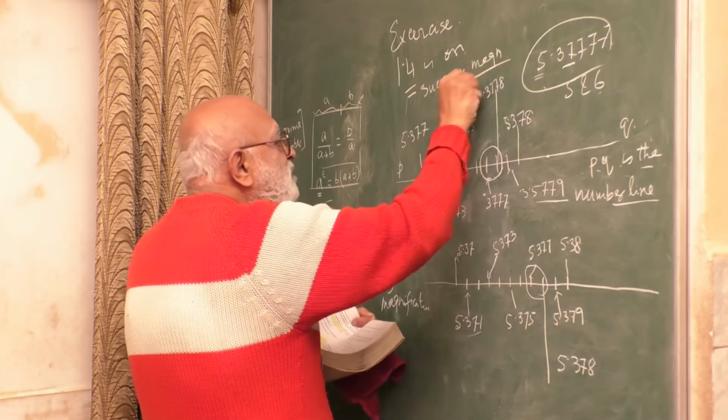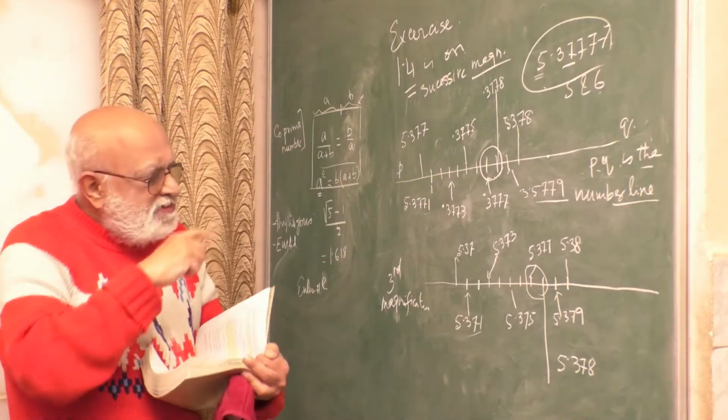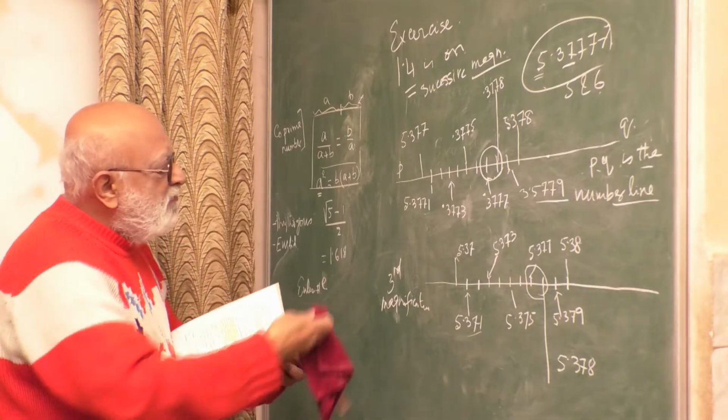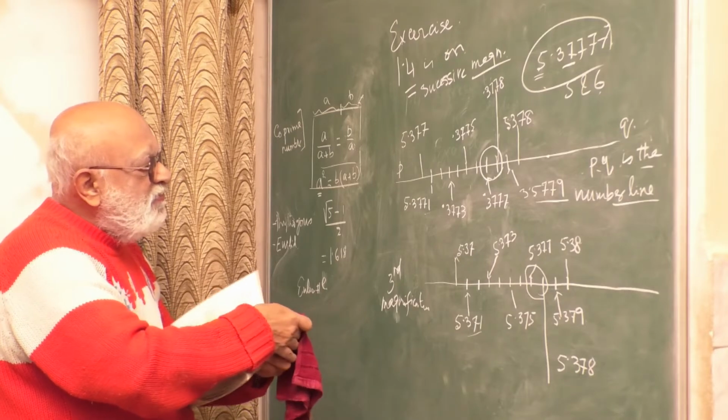And I hope you got the concept, the whole concept of magnifying and doing it. And you have to do it a little bit carefully so that you know what exactly you are doing.